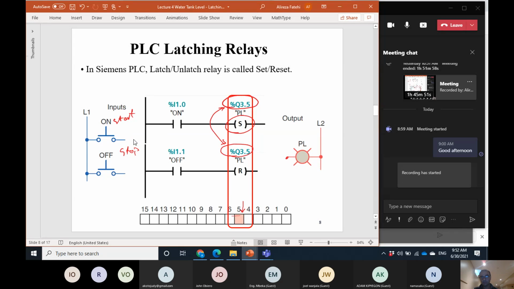This is connected to input 1.0, and this is connected to input 1.1. If I push this, this becomes 24 volt, so the logic of this becomes 1. The logic of this becomes 1. And since it is normally open, so it's a buffer, the logic of this is 1, and so this becomes 1.